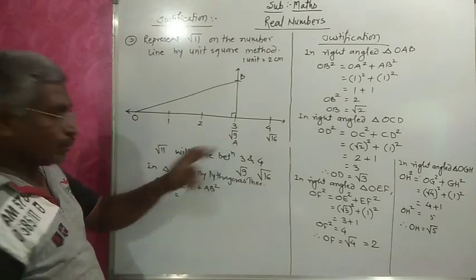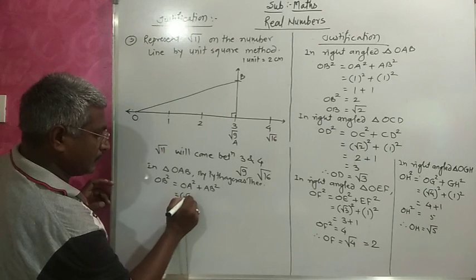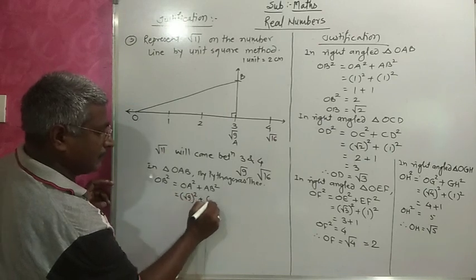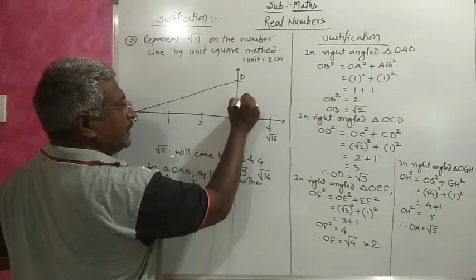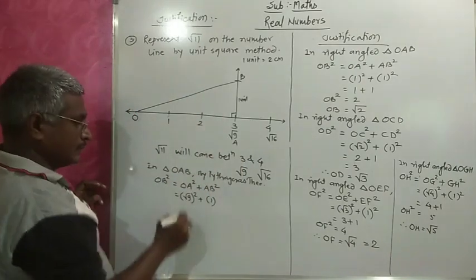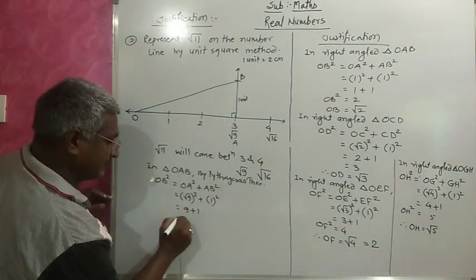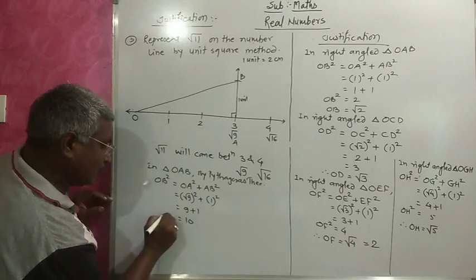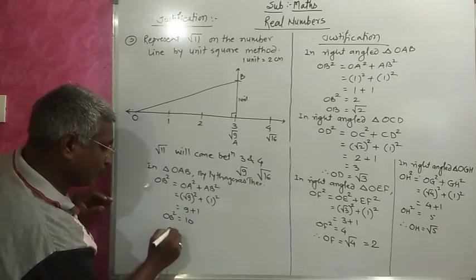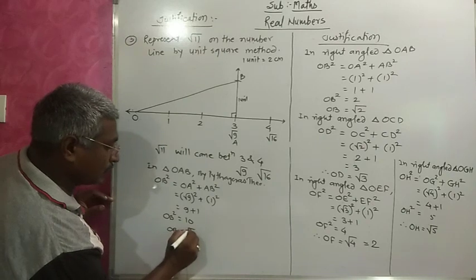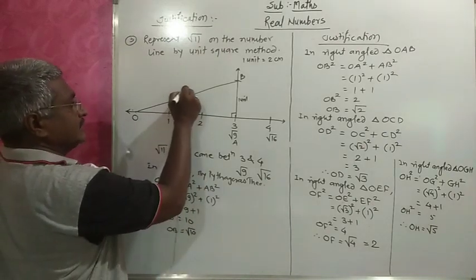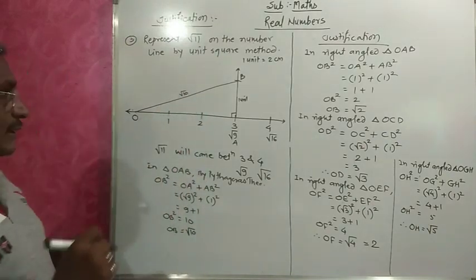OA is root 9, whole square, plus this is 1 unit, so 1 square. 9 plus 1 is 10. This is OB square, so OB equals root 10.